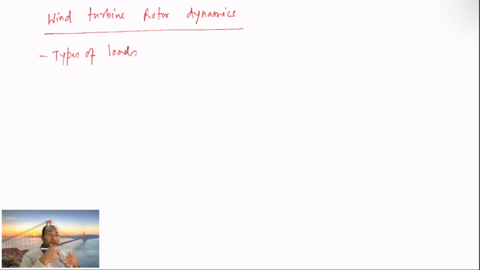You can have transient loading, which essentially includes the impulsive loading, stochastic loading. You have resonance induced load. So these are the loads we talked about that go in the rotor, and obviously that kind of expose to the.